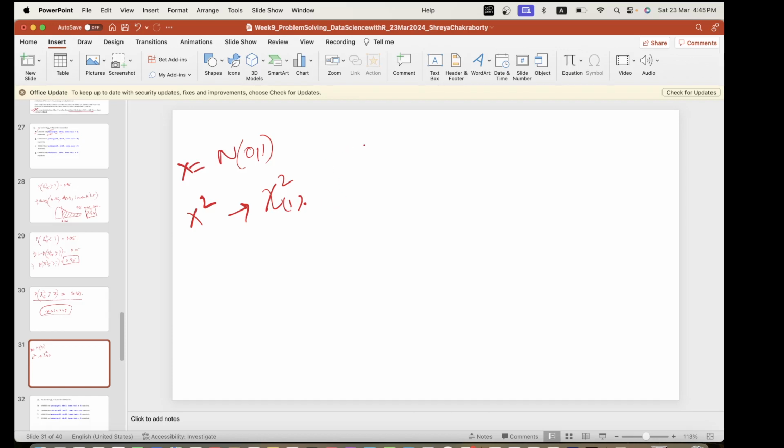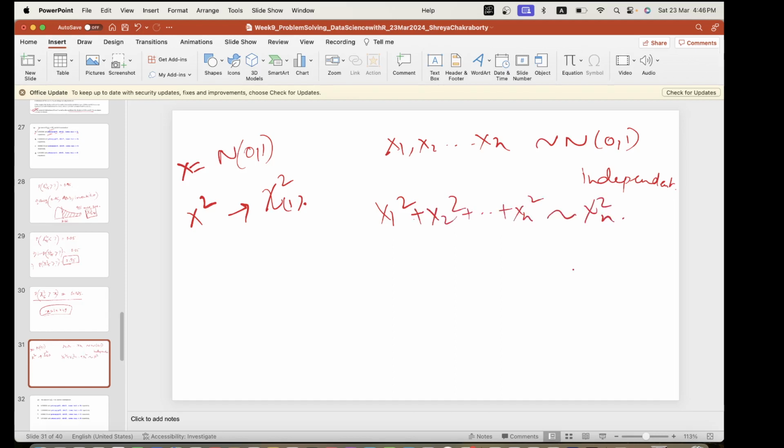So for example, if x1, x2 up to xn are all normal 0 1 and all independent, then x1 square plus x2 square plus up to xn square would give me a chi-square n. These additive properties hold.